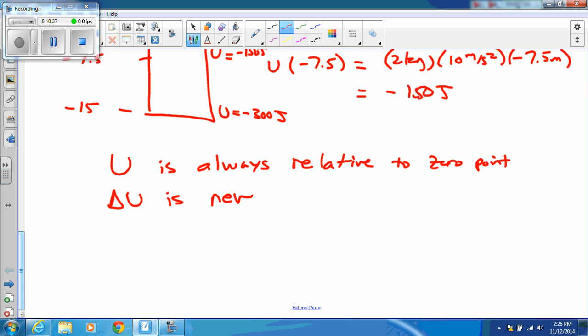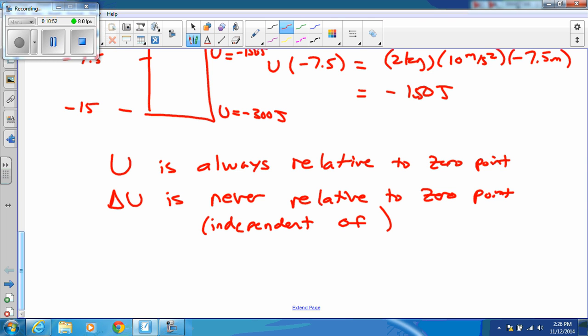Okay. But the changes in potential energy are never relative to the 0 point. They are independent of the 0 point. Okay?